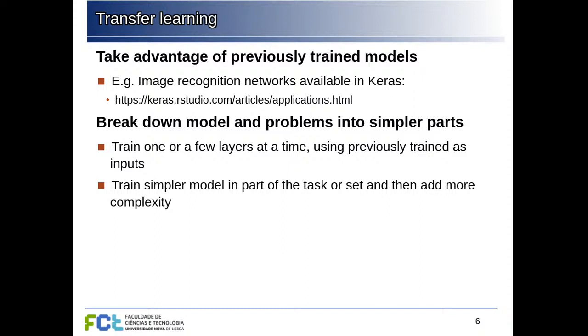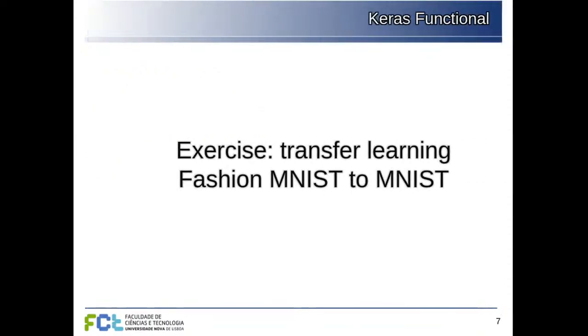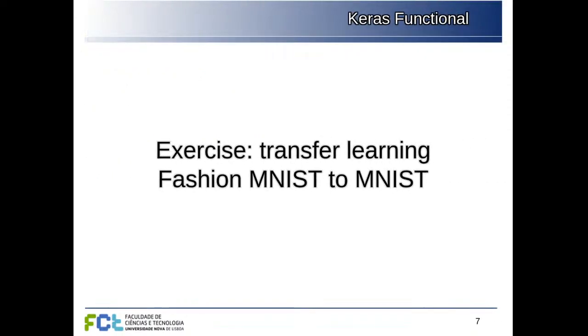We can start from previously trained parameters and fine-tune those parameters, or we can even freeze parts of the model and then just train other parts. We're going to see an example of that in the exercise today, and we're going to do that for the assignment too, optionally.